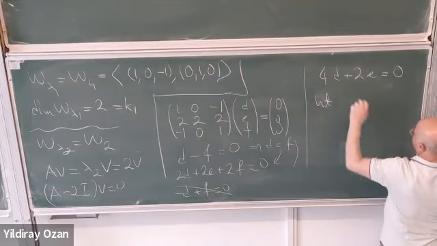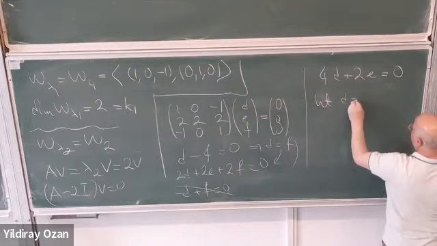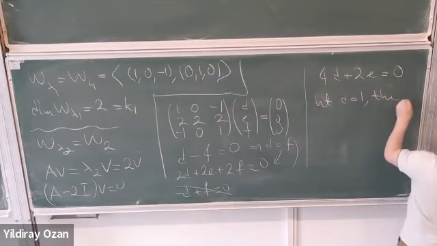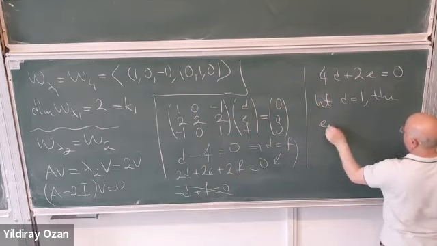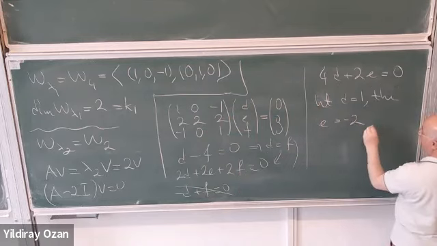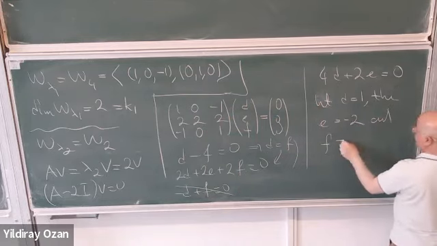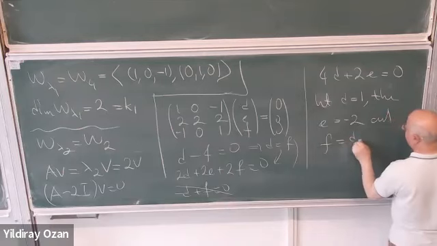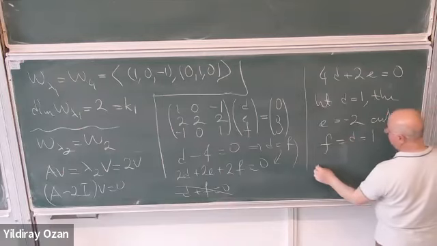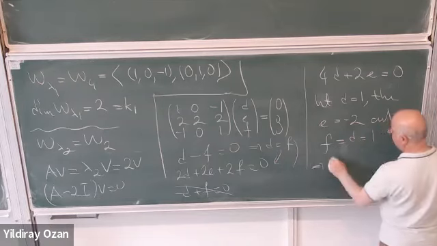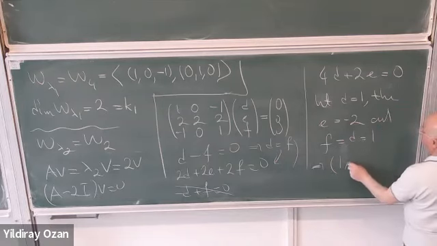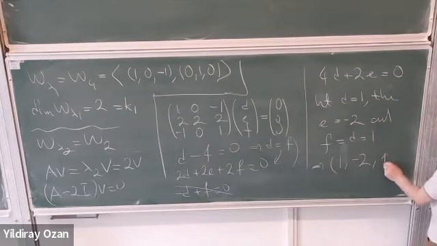So let D equal 1. Then E is minus 2 and F is of course equal to D, which is 1. Therefore, the only eigenvector we get is just (1, -2, 1).